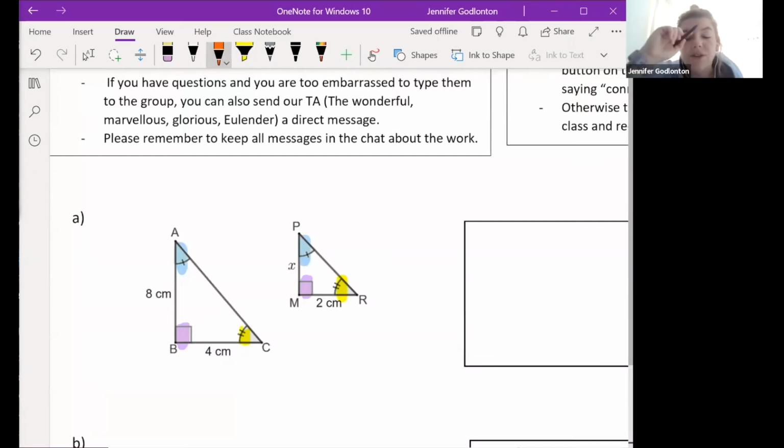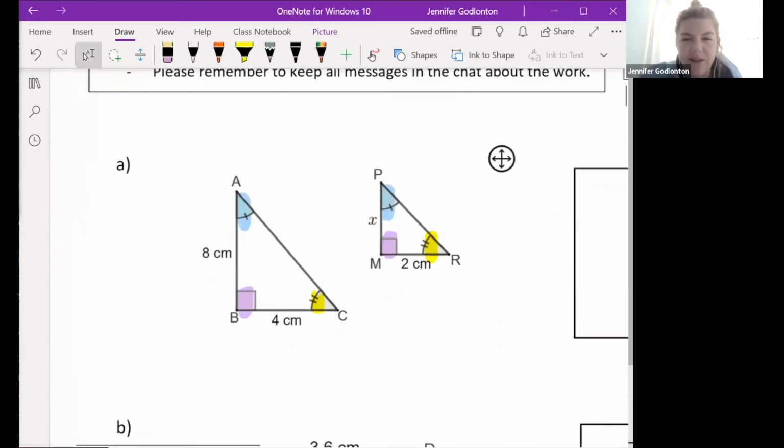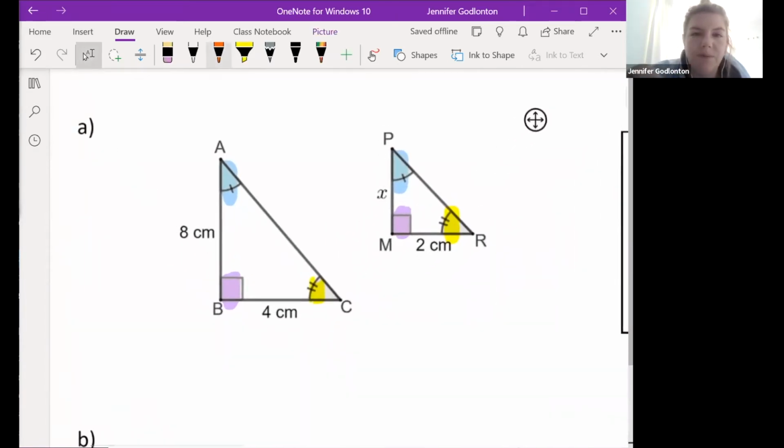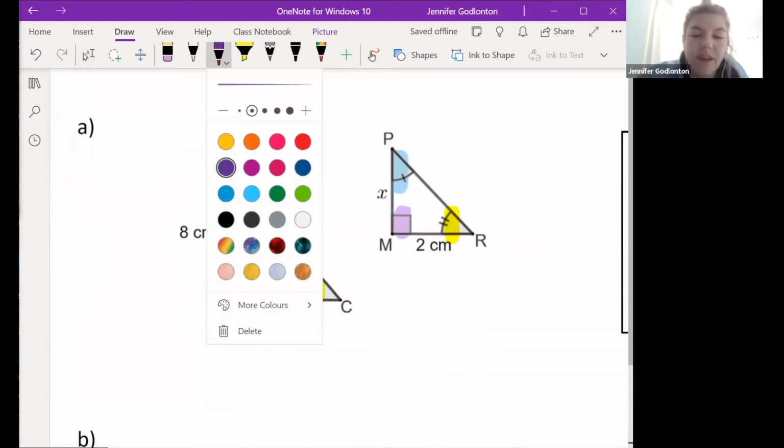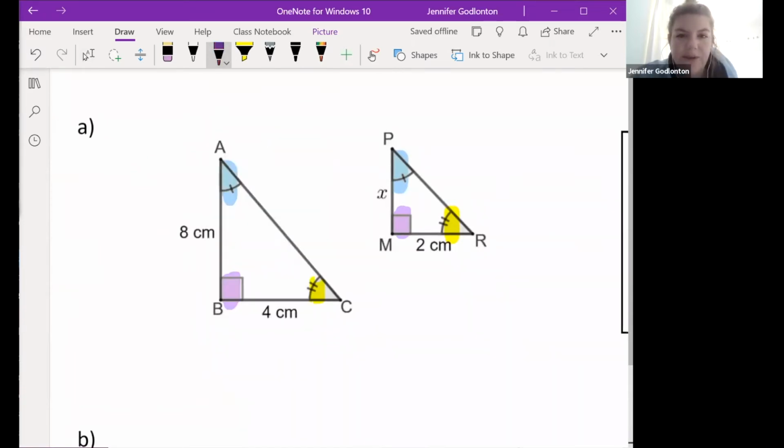So if I'm wanting to say that these two triangles are similar, I'm going to write it underneath so that there's a bit more space for you to see. Remember, when we write this, we need to be very careful in the order we write. So I'm going to say triangle ABC is similar to triangle. Remember that symbol means similar.